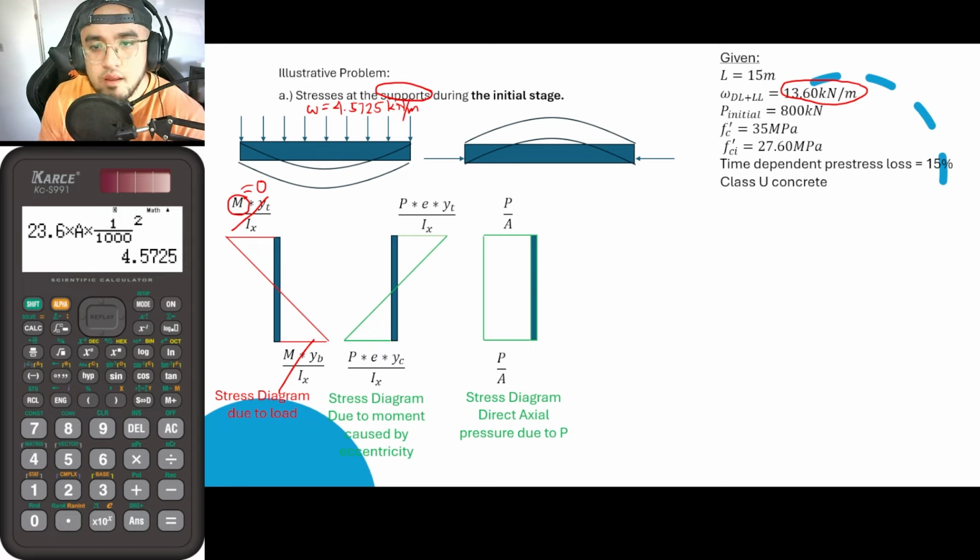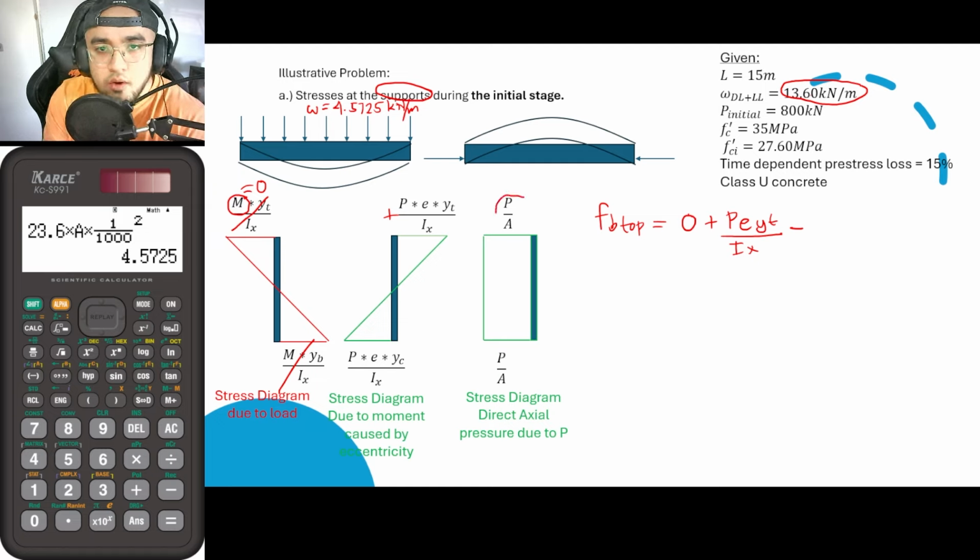So in our formula for FB top, that is now equal to 0 plus P times E times YT divided by IX, minus P over A, because P over A is compression.